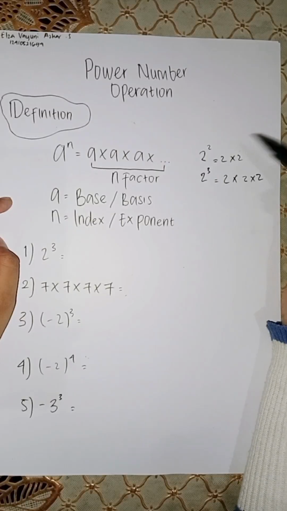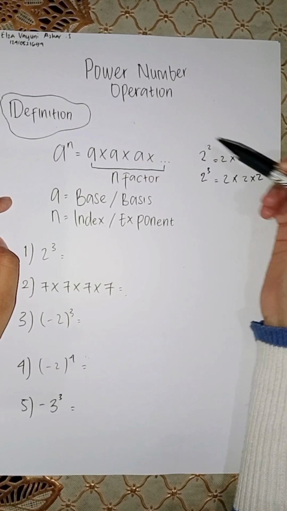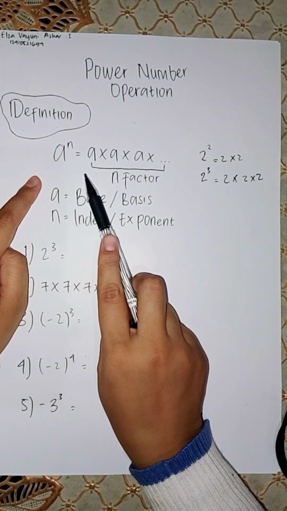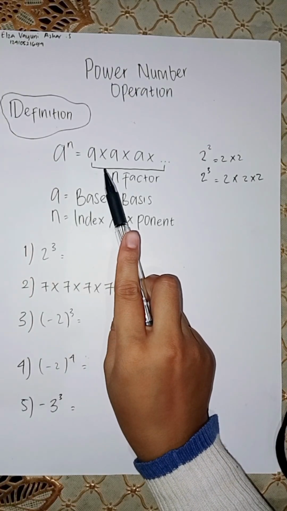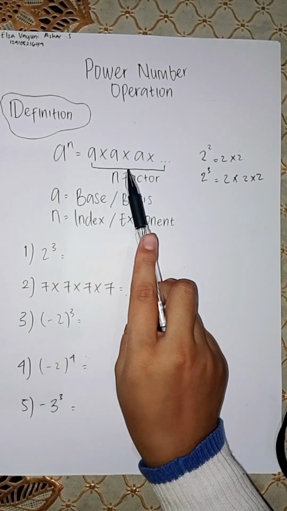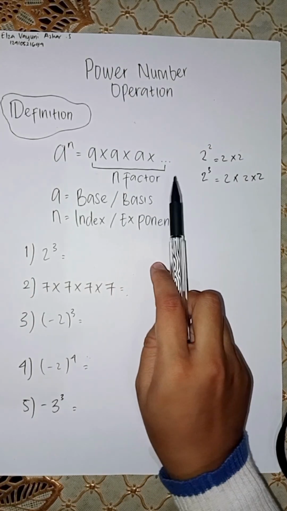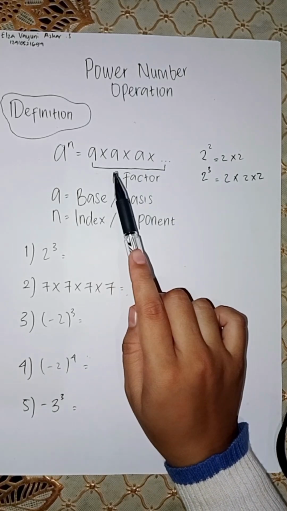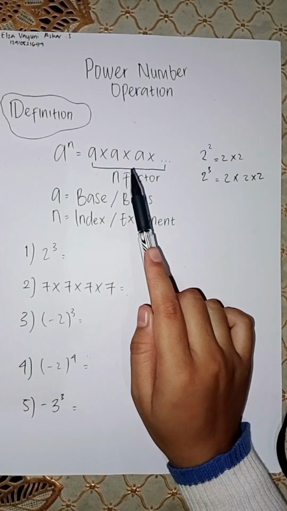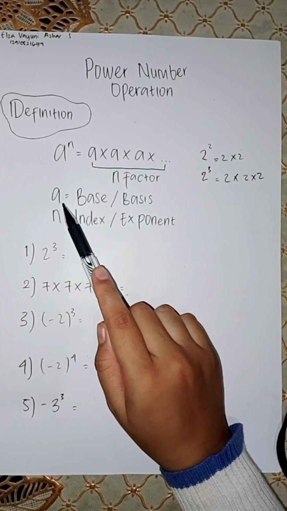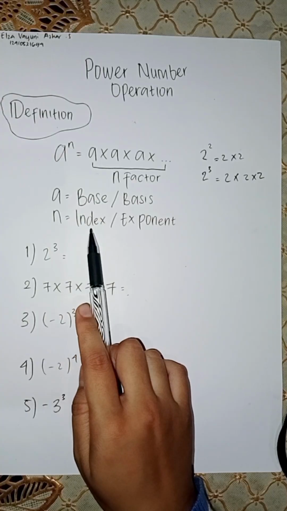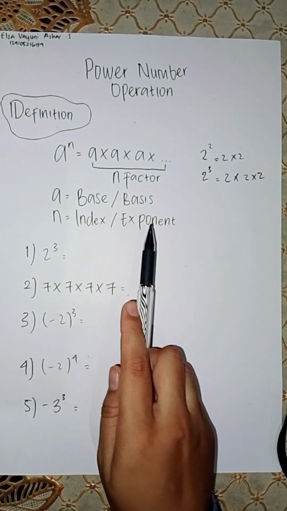From this explanation, we can conclude that a to the power of n means a times a times a and so on, depending on how much n is from the formula. From this formula, a is the base and n is the index or exponent.